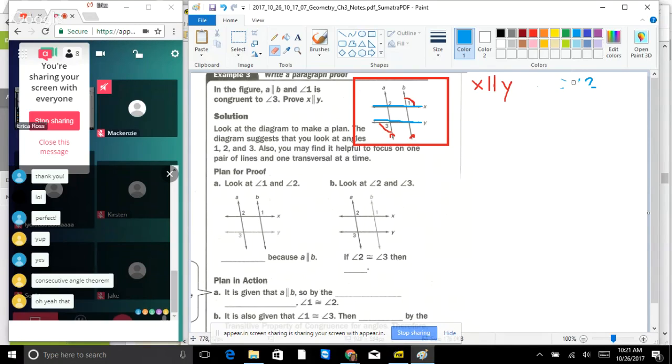So to prove X and Y are parallel, we have to show that angle 2 and angle 3, what are angle 2 and angle 3? Angle 2 and angle 3 are alternate exterior angles, right?